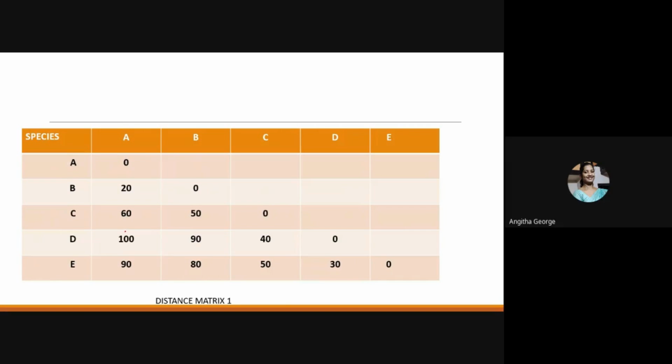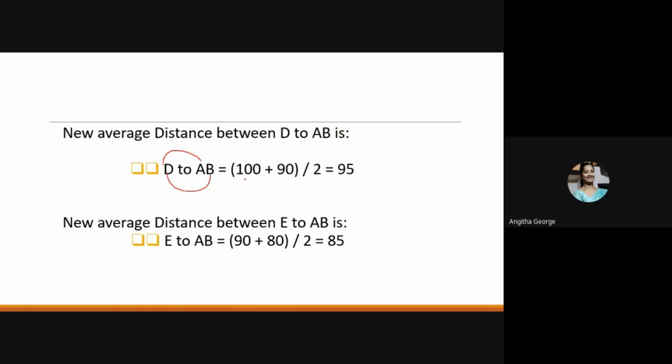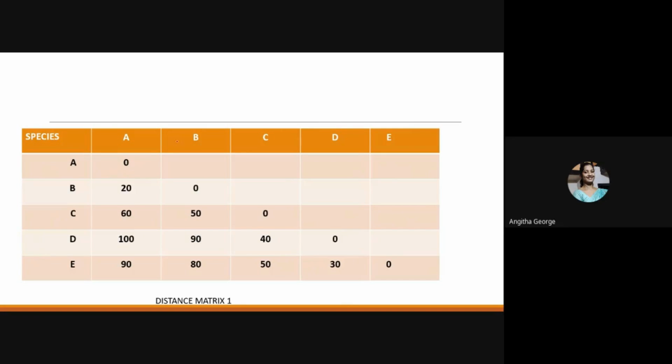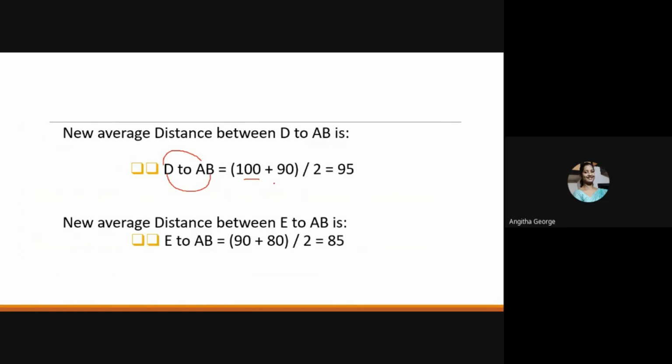A to D is 100. That is written here. And the distance between B to D, B to D is 90. That is written here. So 100 plus 90 divided by 2 will give the result 95. So you can fill the table with position D and AB as 95.